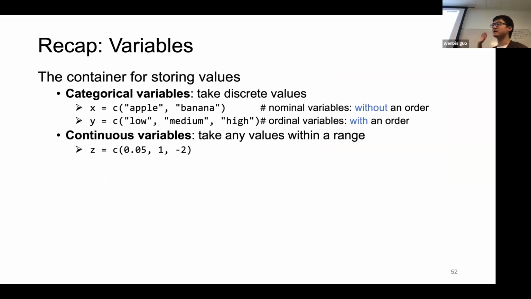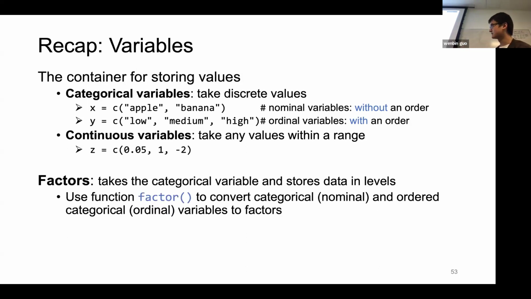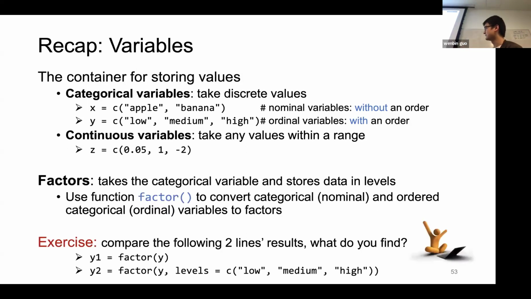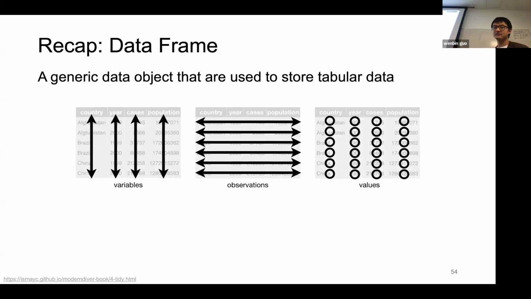I think we already covered the variables in the first lecture. Basically, we have numerical variables. We have categorical variables, which are a discrete type, and we know about factors and how to create them. And this is the data frame. It's a generic data object we introduced at the beginning of this workshop.